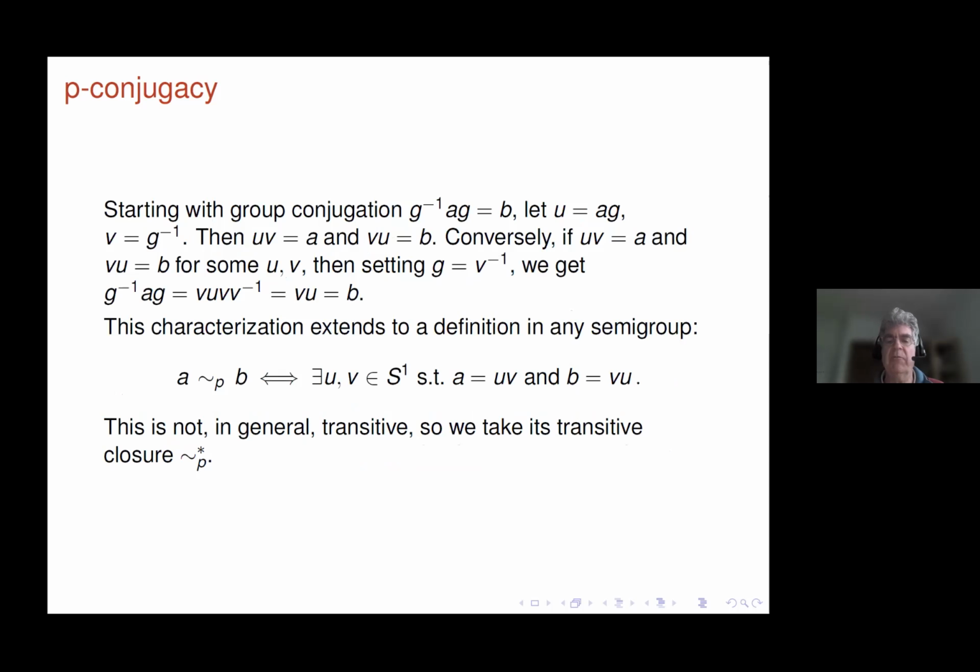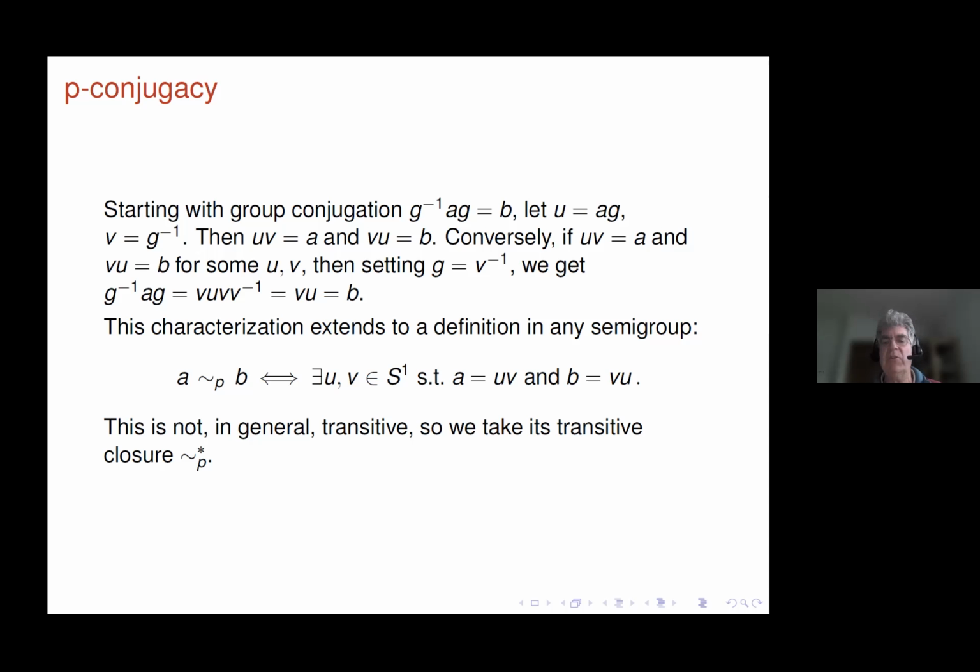Here's a different notion of conjugacy. This one is usually called primary conjugacy, or just P conjugacy. And it's motivated by the following observation in groups here at the top of the slide. If we start with group conjugation, again, G inverse AG equals B, then let's make some change of notation.